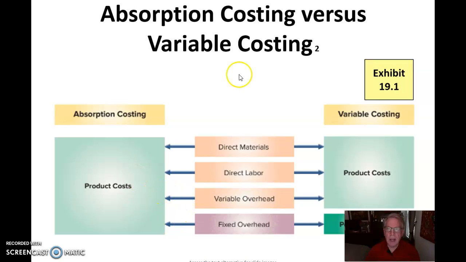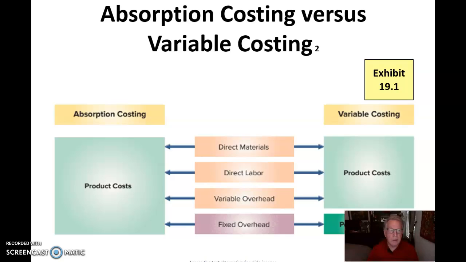All right, let's look at that in a little more depth. Our product cost under absorption costing includes, as I mentioned, the fixed cost. Direct materials and direct labor are all included in product costs under absorption costing, but fixed cost is shown as a period cost below the gross profit line.